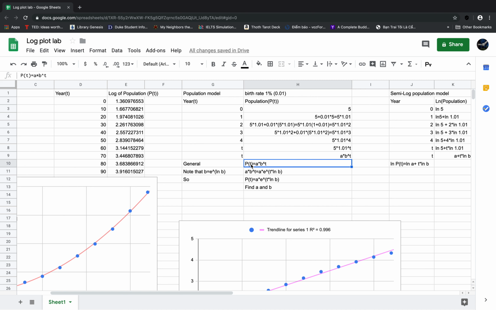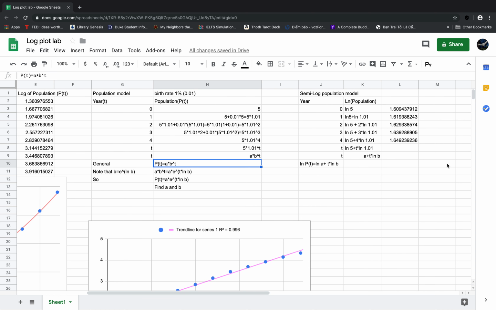So if we take log of P(t) from the left, on the right we will have log of a plus t log of b, which is the equation of a line. So for example, in year 0, we take log of the population, we get log of 5. At year 1, we will have log of 5 plus log of 1.01.